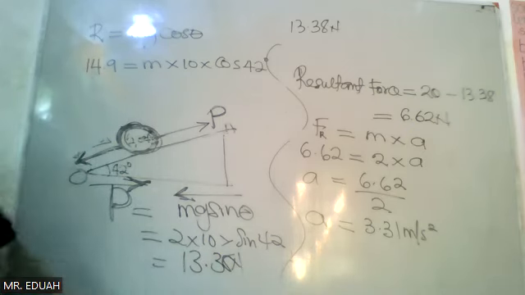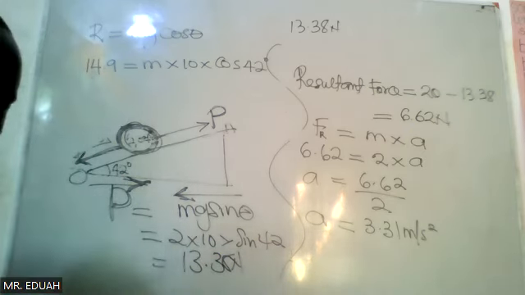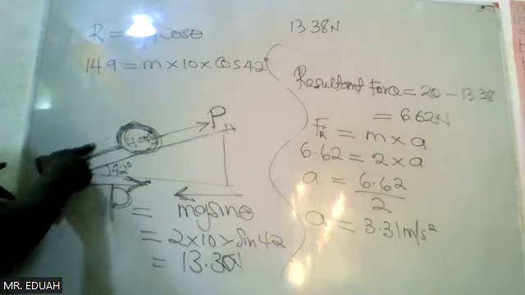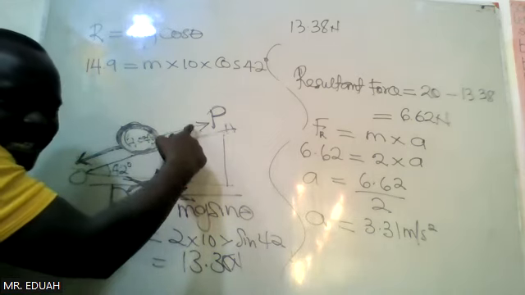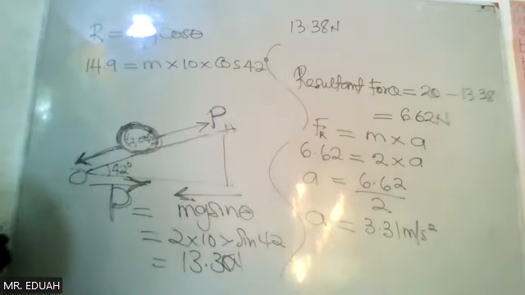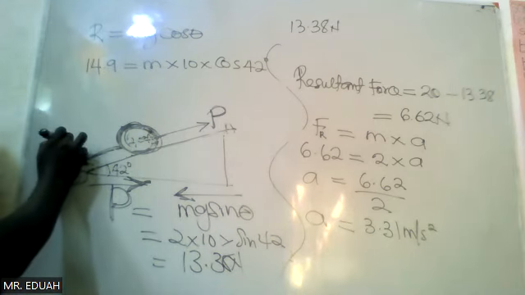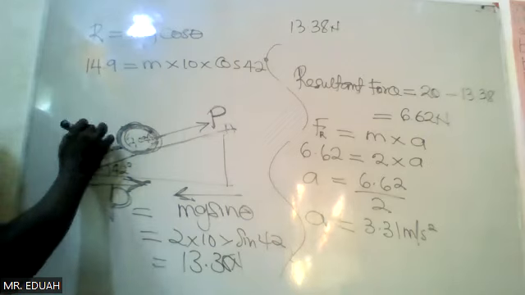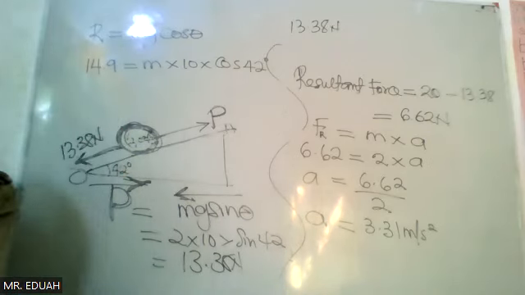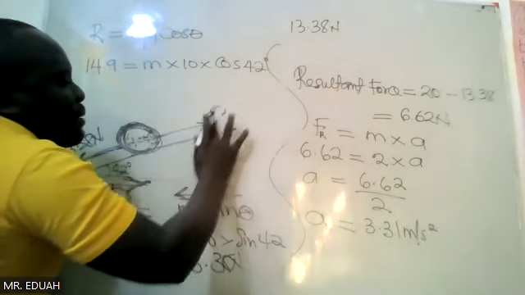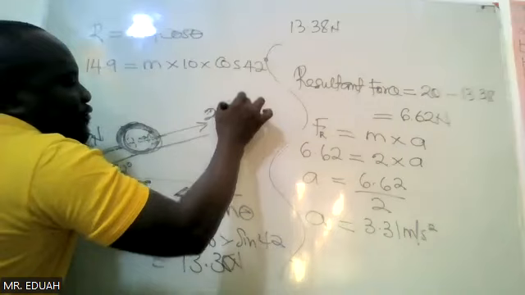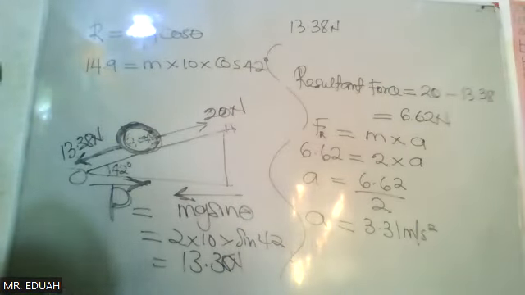Now do not call mg sine theta a resultant force, because now there is another force acting against it. So what you have to say is that there is a 13.38 Newton force acting down the plane, and now we are told that this is being pulled up the plane by a 20 Newton force, and we are to find the resultant force now.